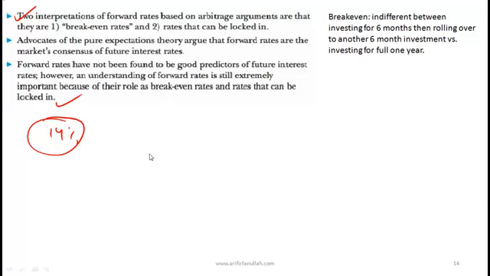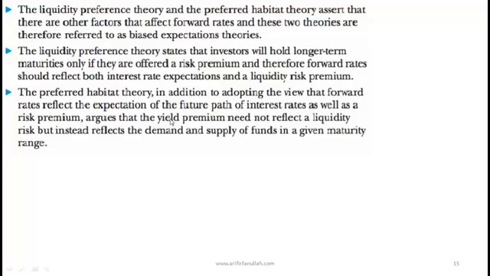Another core point is that the other two theories that we talk about start with the pure expectations theory as a base. Okay, so let me just remind you of something from level 1. We are going to talk about the liquidity preference theory. So do you remember this picture? If you have a yield curve that looks like this, this is maturity and this is yield.